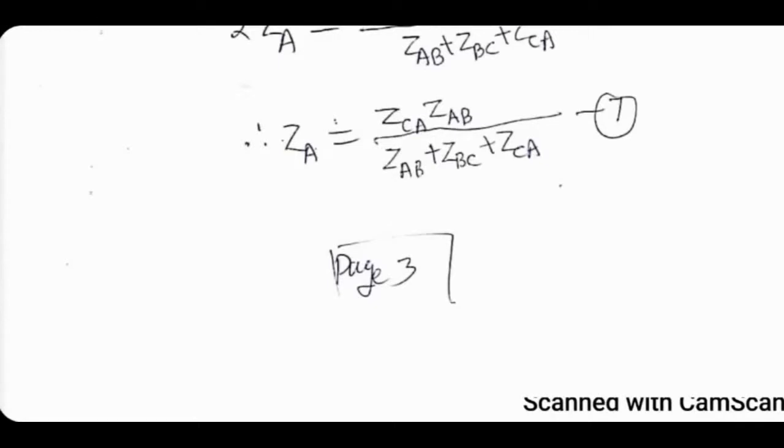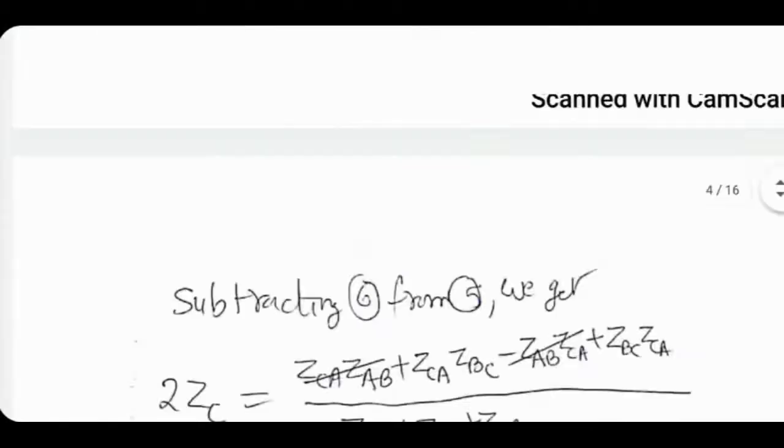This is how people try to remember these formulas. Anyway, in the exam, etc., I'll supply you the formulas. So I don't want you to trust your memory for that. But people try to remember these formulas by saying, oh, left side is having A as a suffix, so in the numerator of the right hand side, A should be common among the impedances. So ZCA, ZAB is the numerator for ZA.